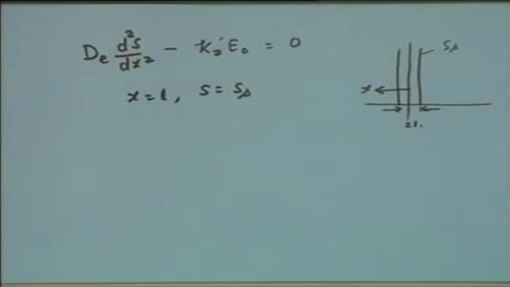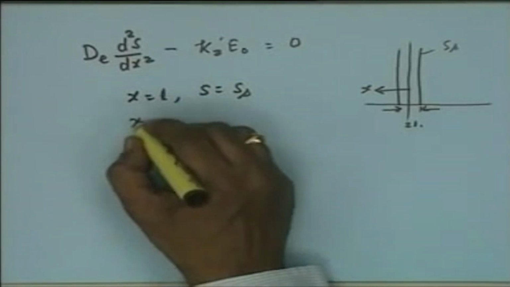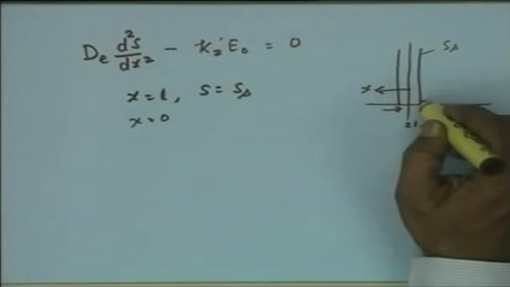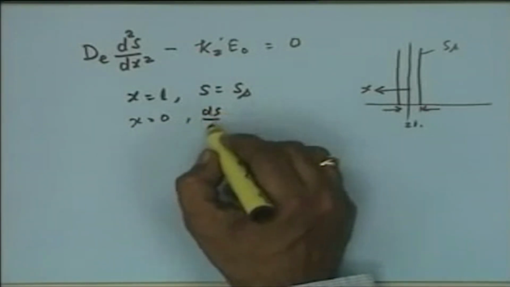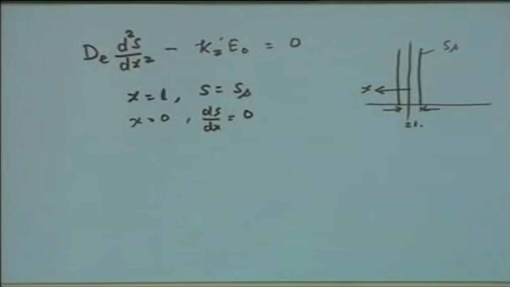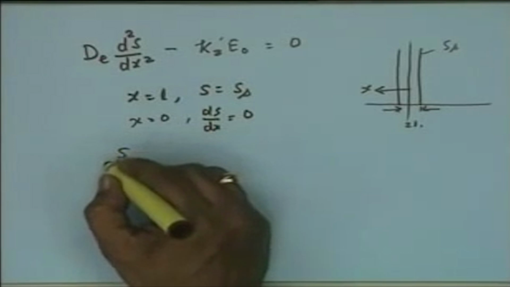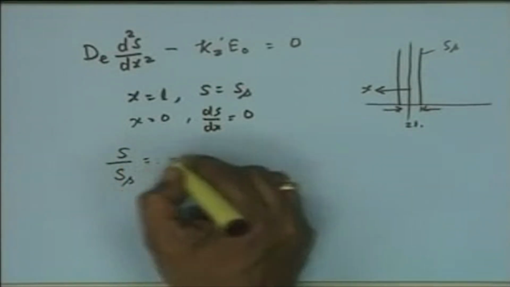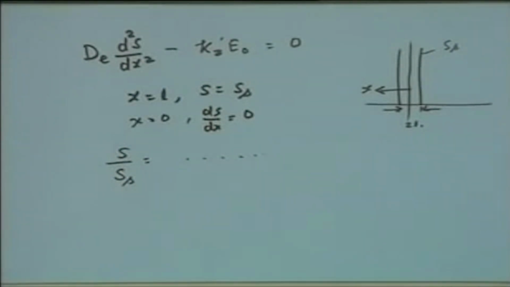On the other hand, at x is equal to 0, that means at the center of the particle, dS over dx is also equal to 0. Under these two boundary conditions, simplify and get an expression for S upon SS, and rearrange that in the form of Thiele modulus.